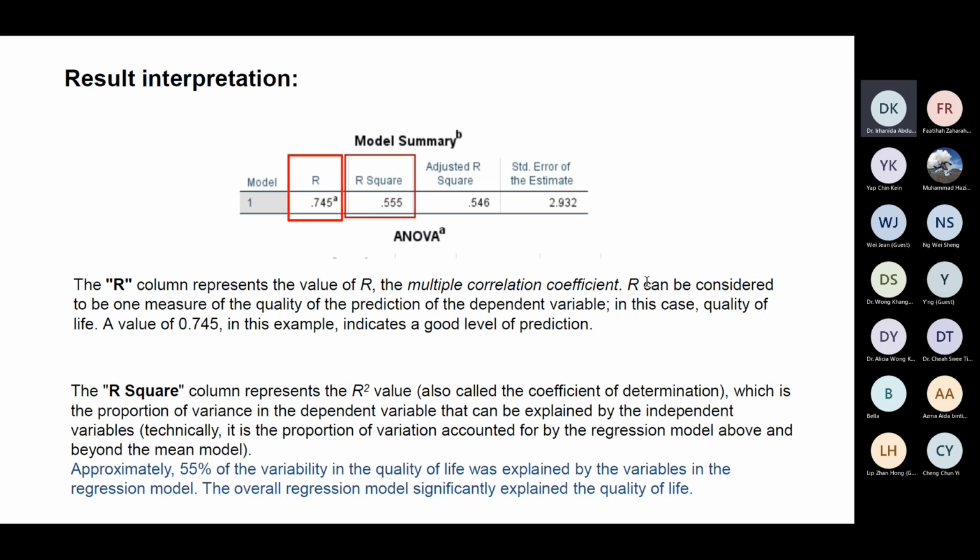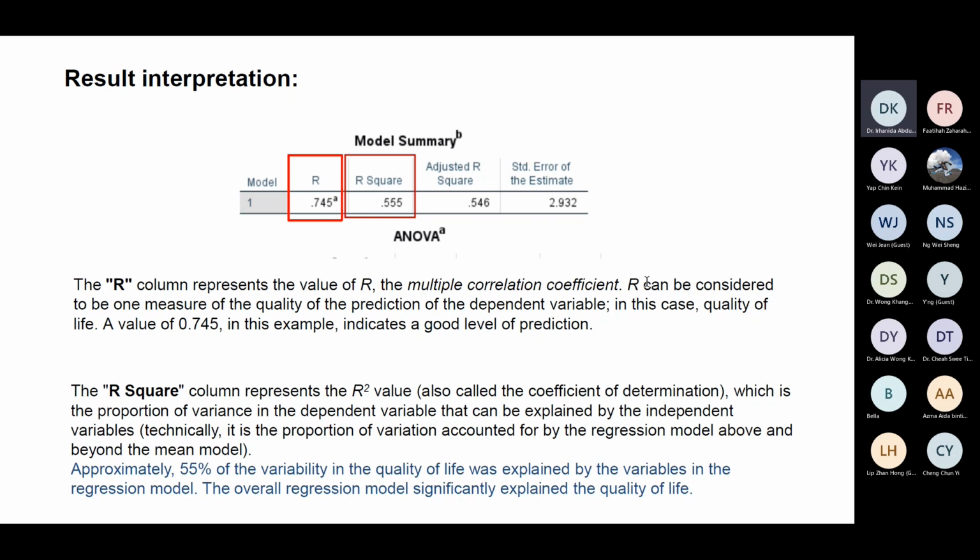So the value of 0.745 in this example indicates a good level of prediction. The closer the R value is to 1, the better the relationship. The lower the number, especially below 0.500, the result is doubtful, not preferable.